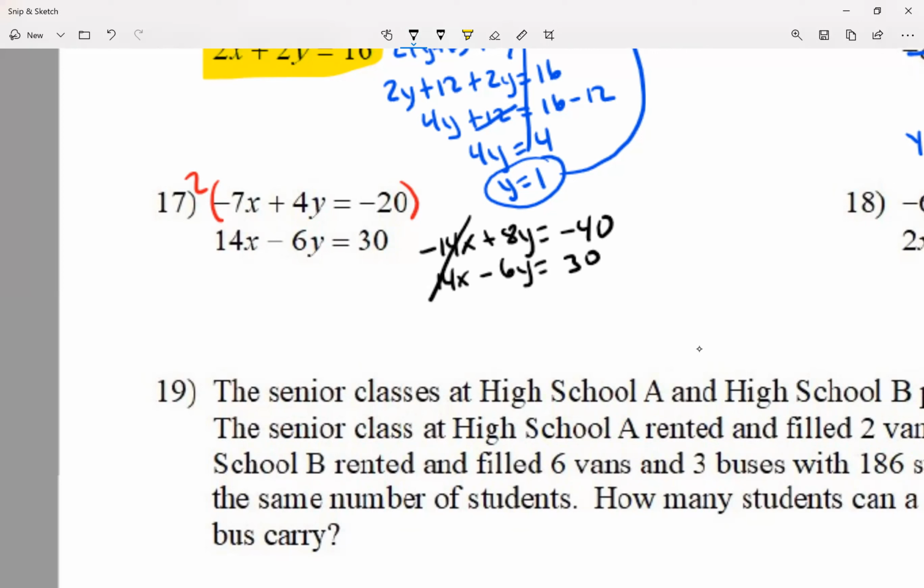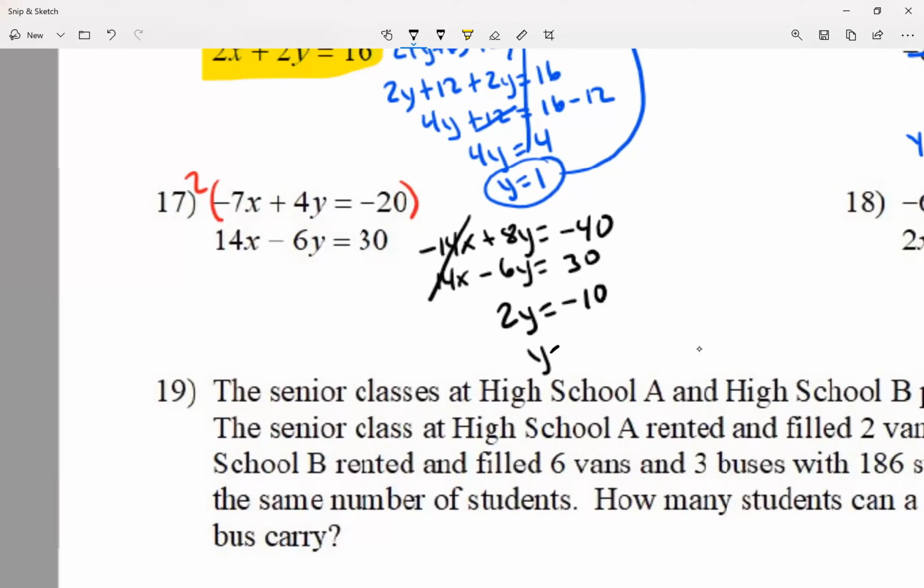If I combine the y's, positive 8, negative 6, I have 2y is equal to negative 10, right? Negative 40 and a positive 30 give me negative 10. If I divide both sides by 2, I get y is equal to negative 5. Now that I know the value of y, I'm going to use any of my equations.